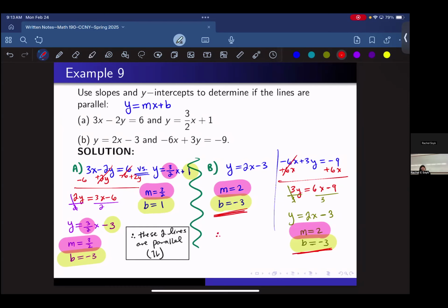So therefore, we do not have parallel lines, although the slopes are the same. So are the y-intercepts, which is bad.